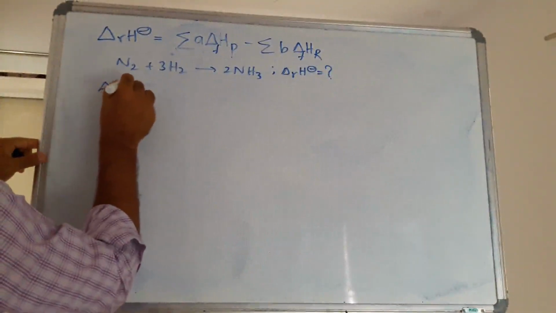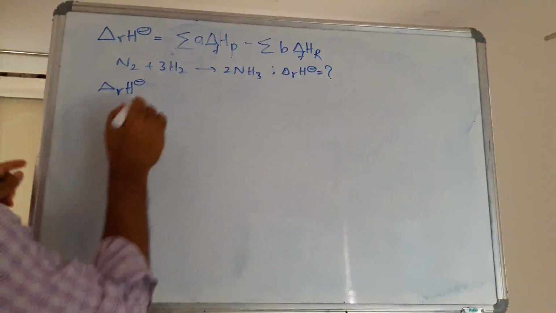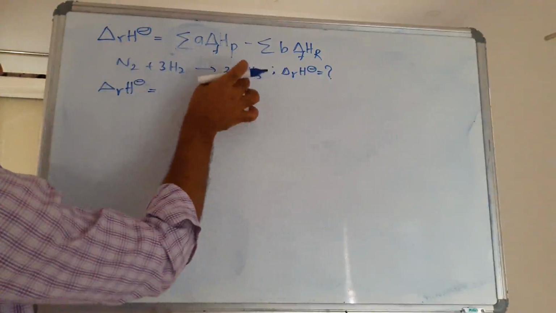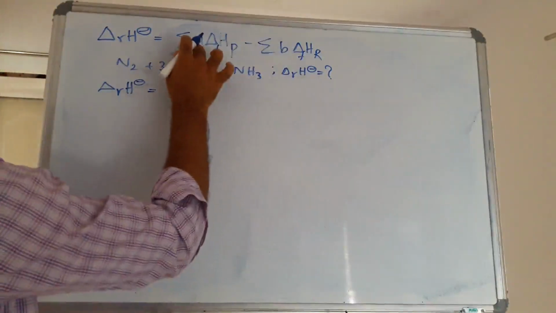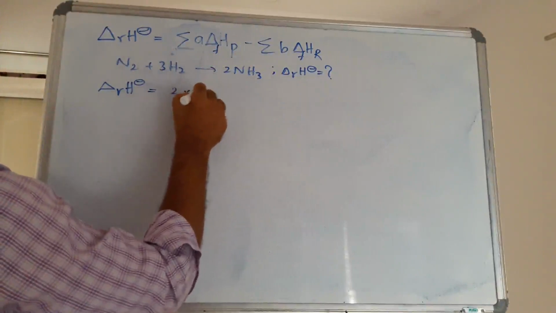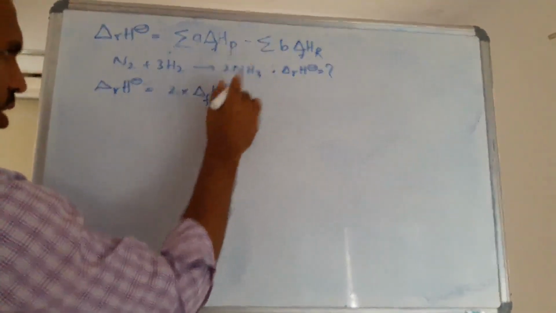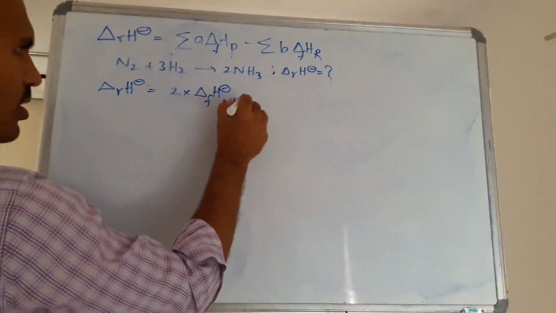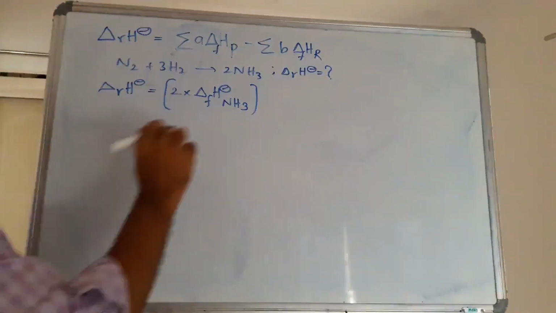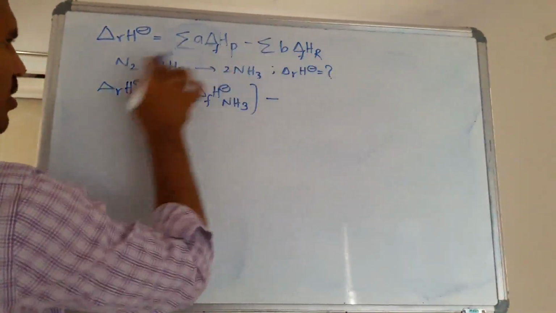How to calculate ΔrH°, the standard enthalpy of reaction? It equals the summation, meaning products minus reactants, with a indicating the stoichiometric coefficient. So 2 times the enthalpy of formation of the product, which product? That is NH3. You can put it in brackets for easy identification. Minus the reactants. What are the reactants?